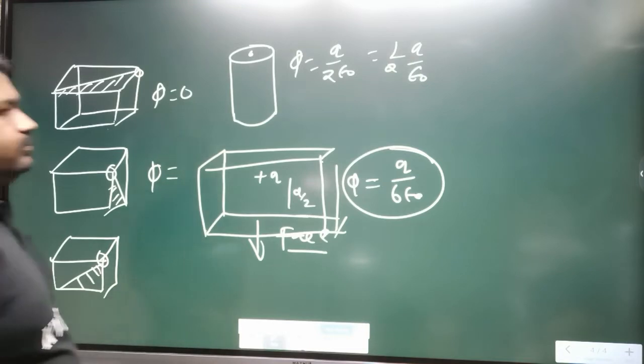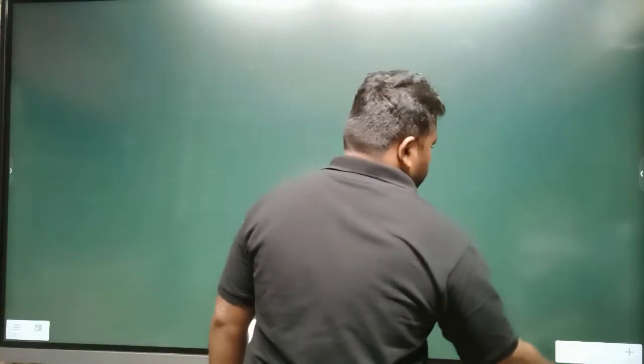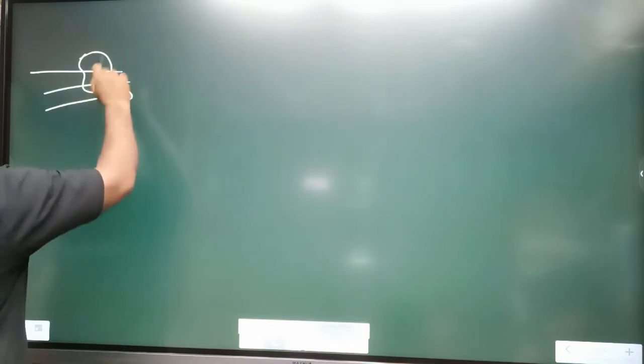Next. Suppose this one is the area, okay, and flux is passing in this direction. What is the phi here? Net flux phi. How much flux is passing through this region?